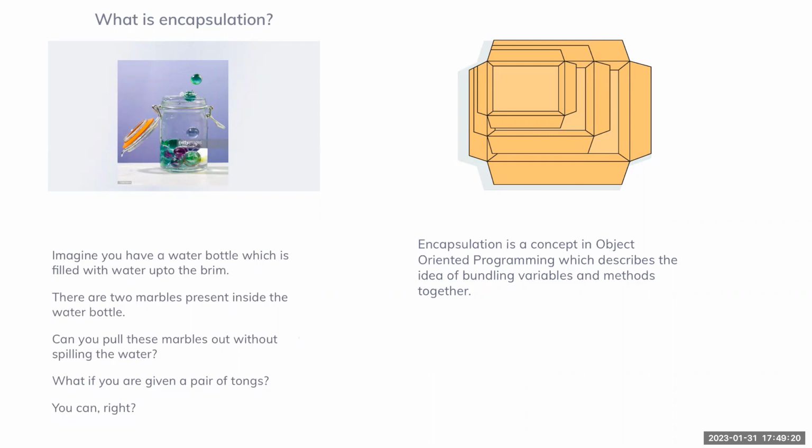So what exactly is the concept here? The marbles you cannot touch directly with your hands to pull out, but there is a way you can pull them out, using those tongs.